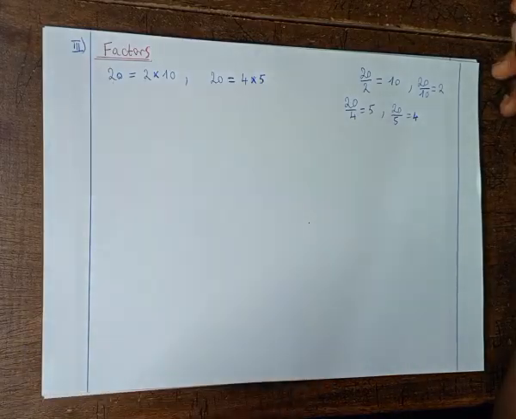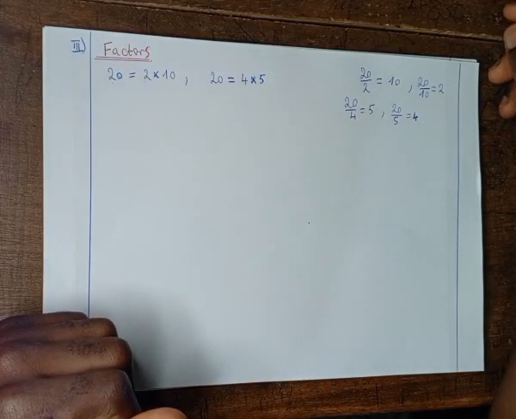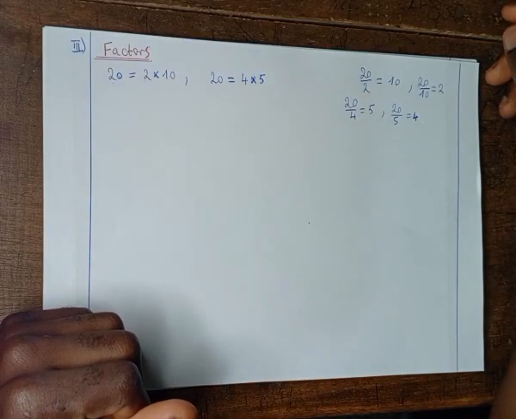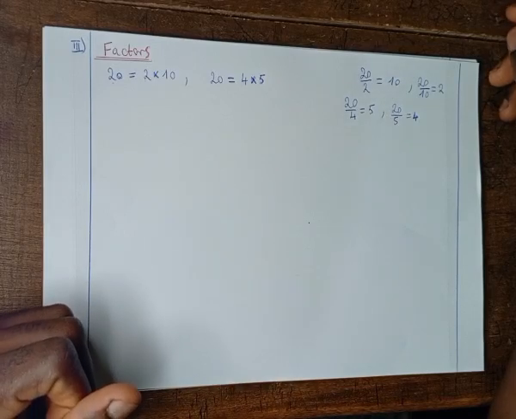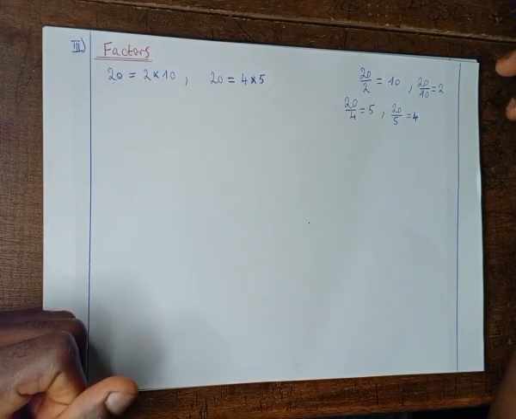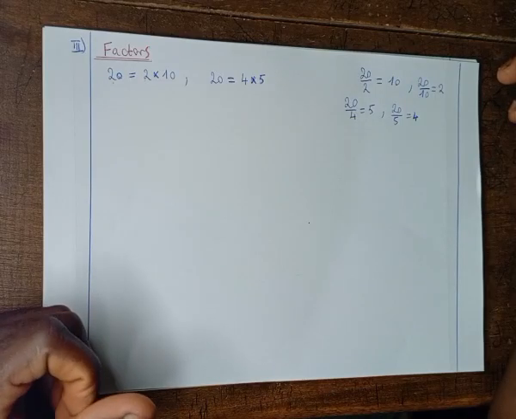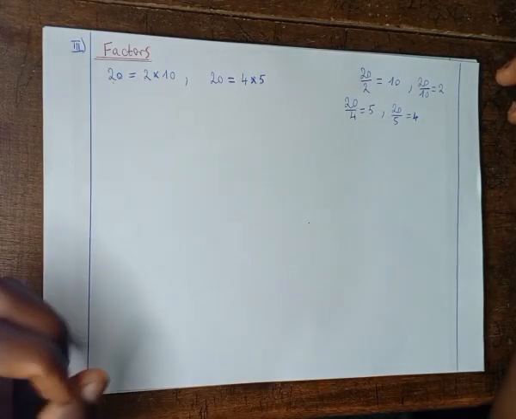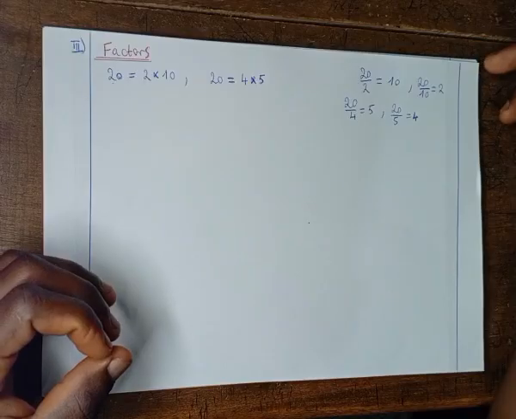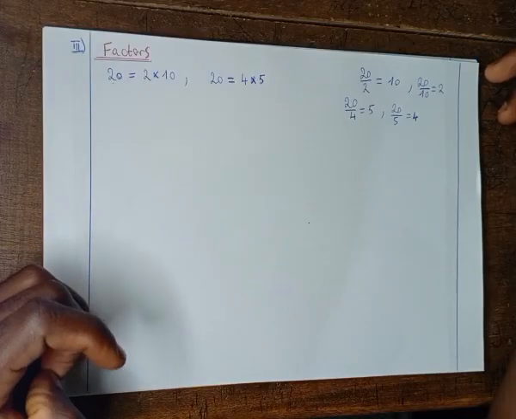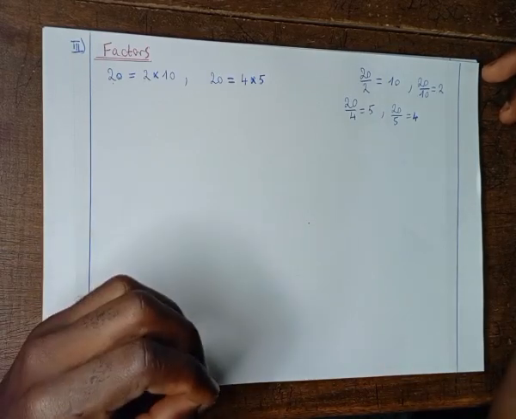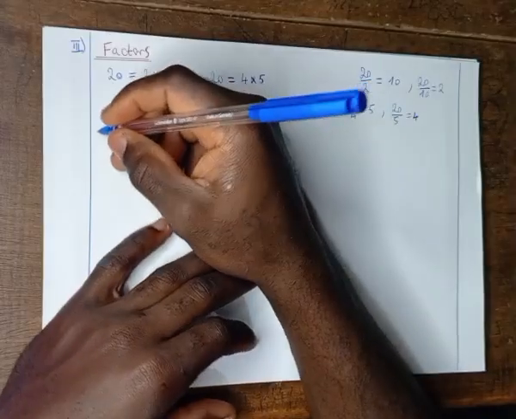Now, what is a factor? When we talk of the factors of a number, we are simply referring to those whole numbers that will divide the given number without any remainder. Let's write it down.